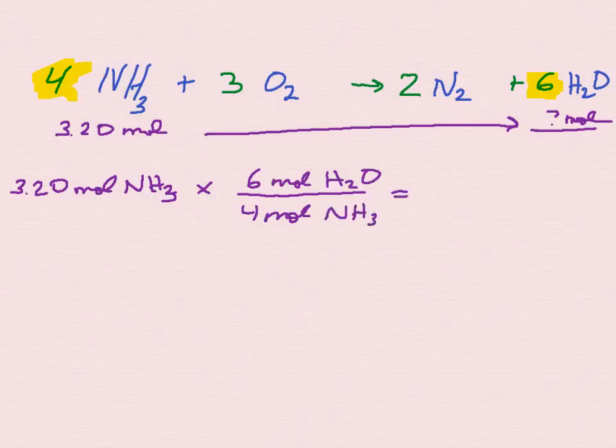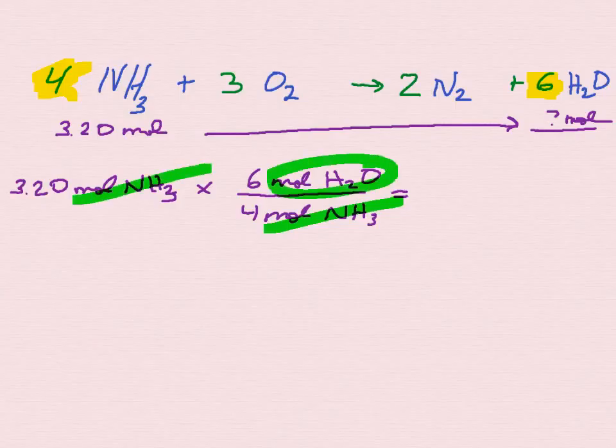Now mathematically, to complete the question, if you check out your units here, moles of ammonia are going to cancel. Into your calculator, you're going to type 3.2, times it by 6, and divide it by 4. You will notice I did not reduce this ratio. The ratio should always match the stoichiometric coefficients, the coefficients in the equation.